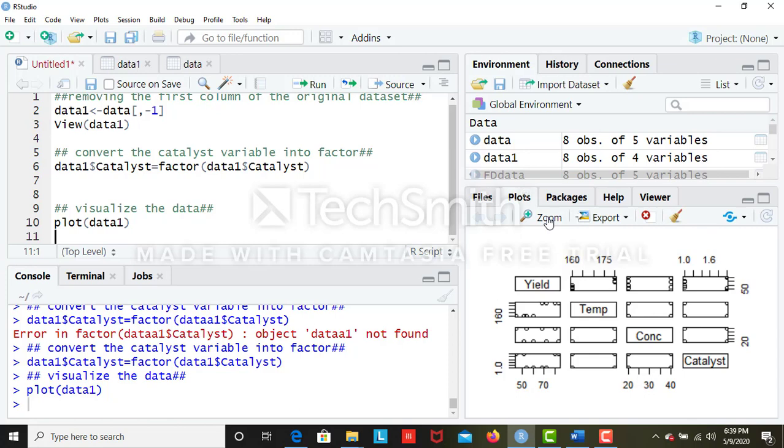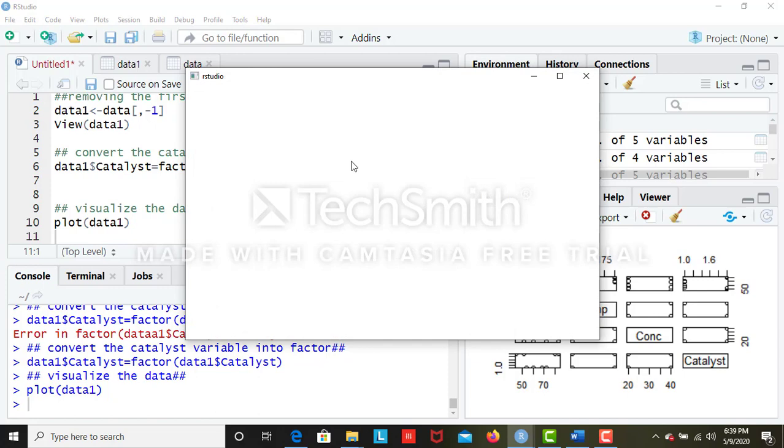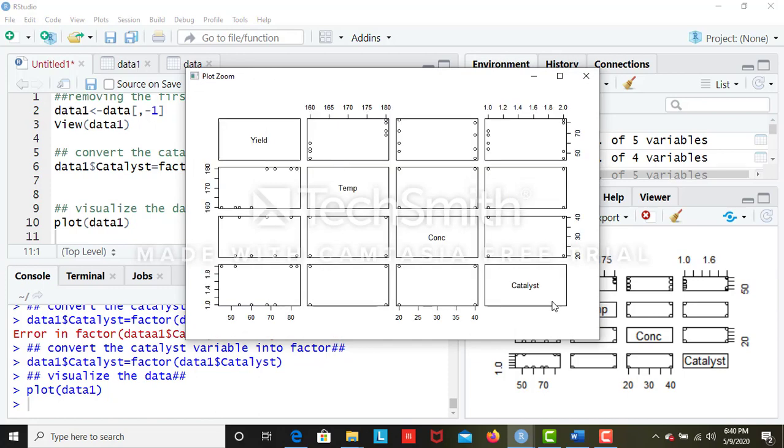As you can see on your screen, I have yield, temperature, concentration, and catalyst across the diagonal of this plot, and how they interact or how they are related.